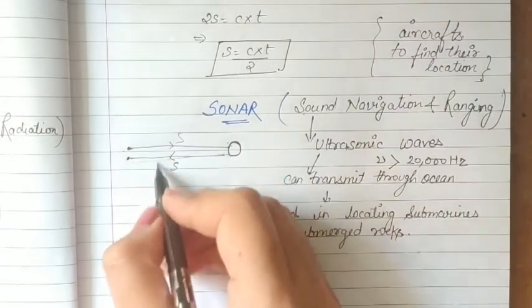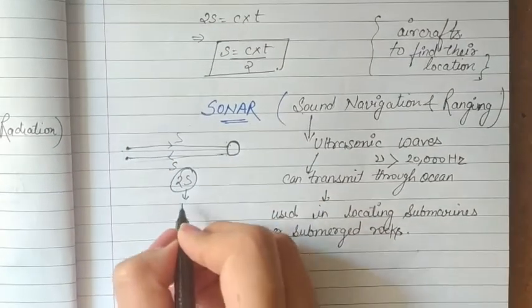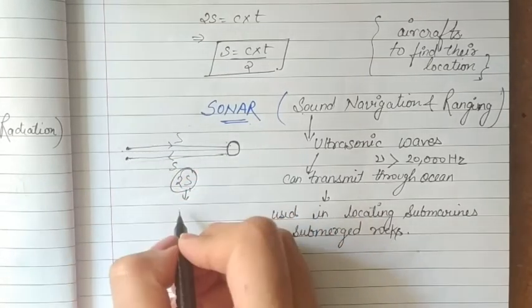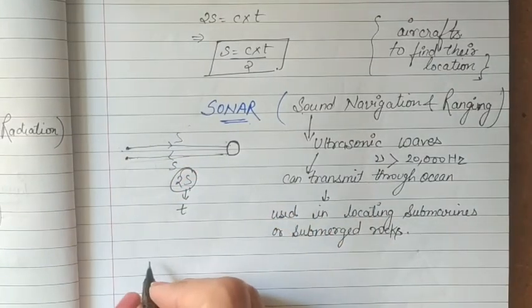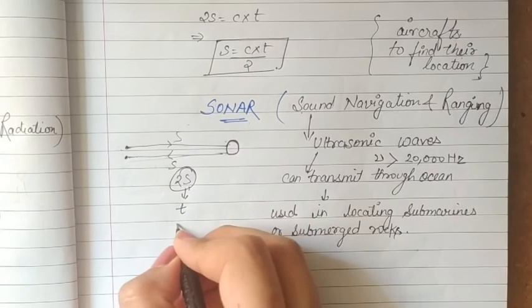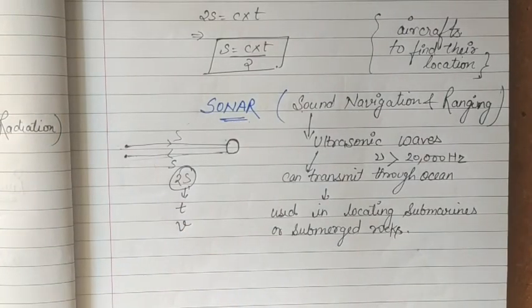Okay, so the total distance traveled is 2s, and the total time that we observe that this sound wave takes to complete the process is small t, and the speed of this wave in sonar method is small v. Okay, let this speed be v. So v is the speed of ultrasonic waves in water.